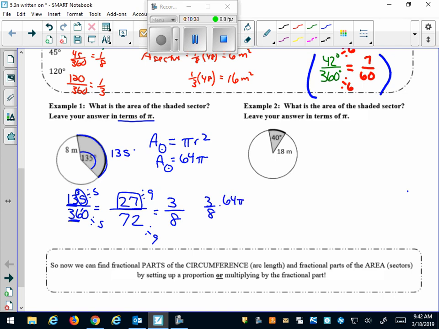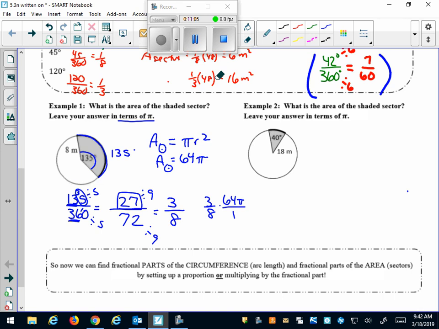Remember, it's 64 pi. Think of it as over 1. Now we can simplify this. There's an 8 on the bottom, and there's a 64 on the top. Remember, when you're multiplying, you're basically multiplying straight across the top and straight across the bottom. But if there's anything on the top that's divisible by something on the bottom, you can simplify any numerator with any denominator.